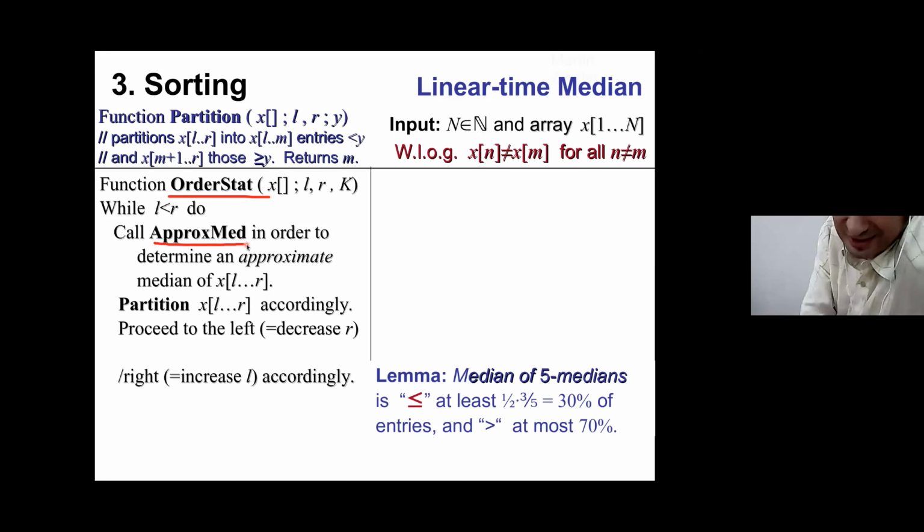The interesting thing about this construction is that both procedures need each other. Order statistics needs the approximate median, and the approximate median will need the order statistics. So how do I accomplish order statistics?